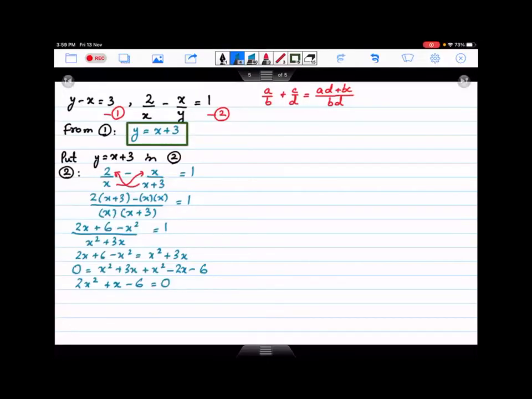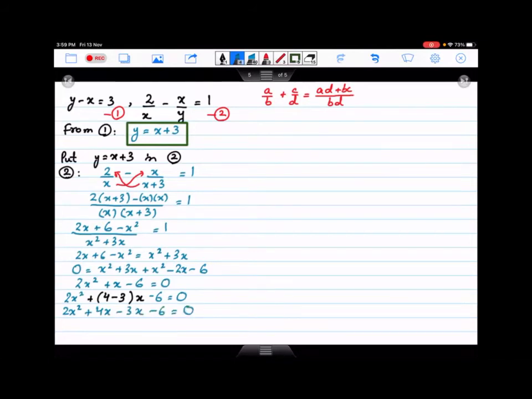Okay, by using the middle term break factor, it should be 2x square plus 4x minus 3x minus 6 is equals to 0.